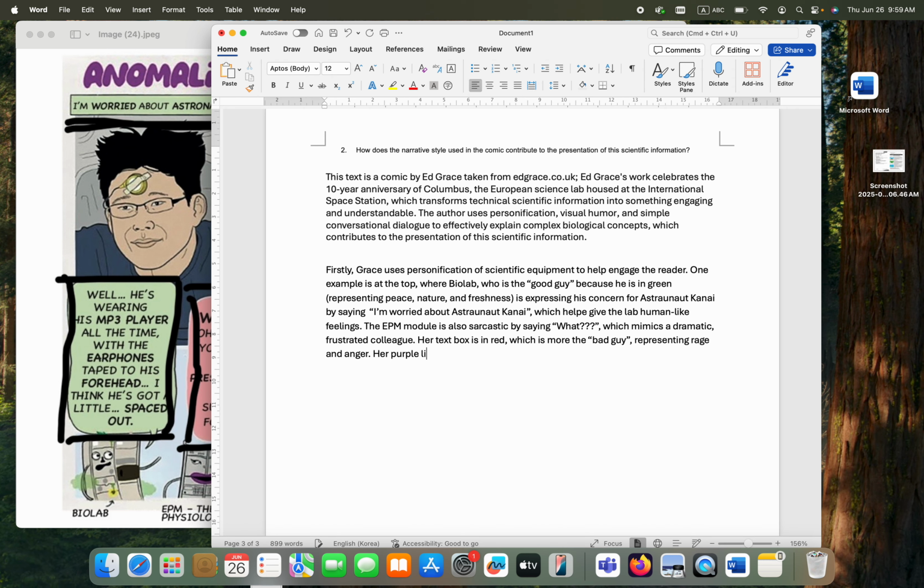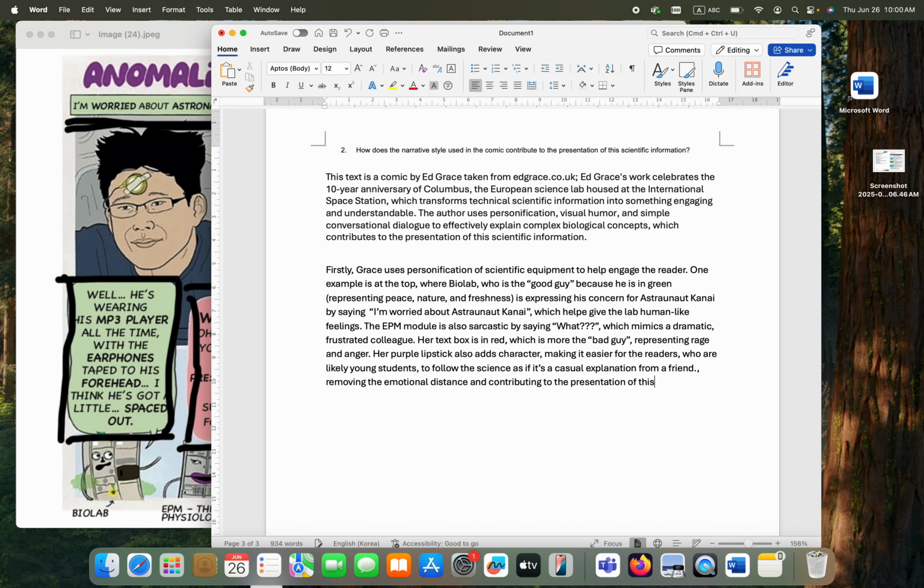Her purple lipstick also adds character, making it easier for the readers to follow, who are likely young students, to follow the science as if it's a casual explanation from a friend, removing the emotional distance and contributing, always connected to the question, to the presentation of this scientific information.